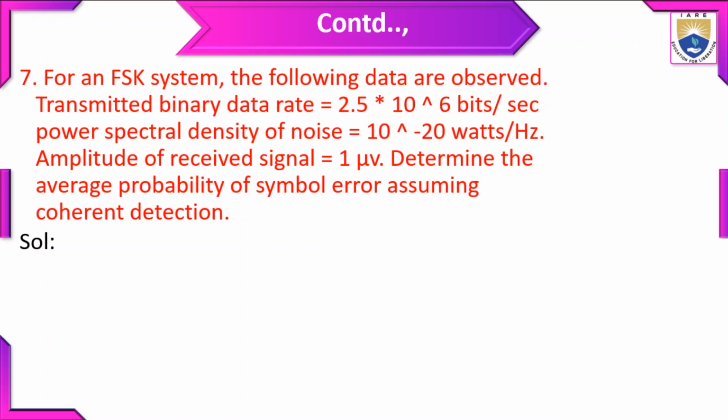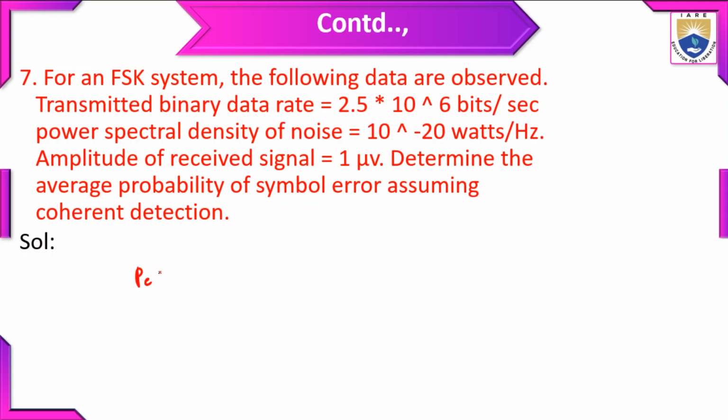Previously it was the non-coherent version, and now it is the coherent version. We already know the receivers, coherent and non-coherent. Coherent means we are using the phase information; then we call it the coherent version. If we are not using the phase information for detecting the signal, then it is called the non-coherent version.